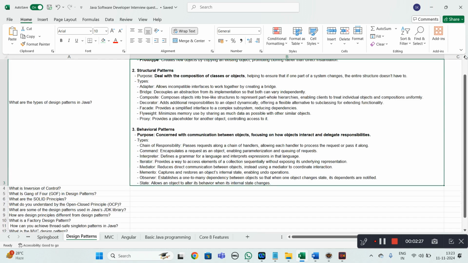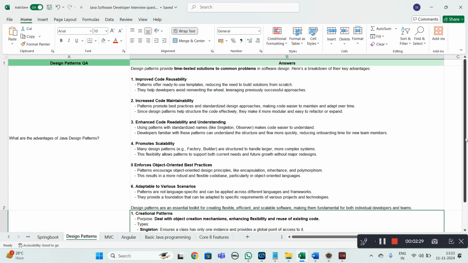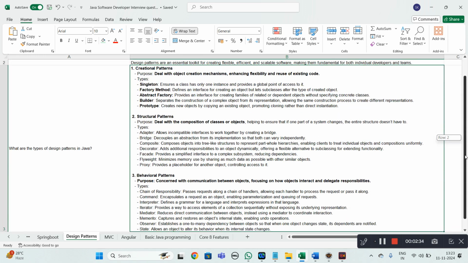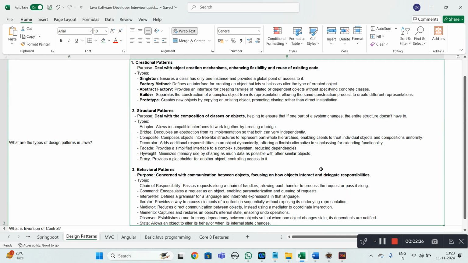Let me explain a little bit and also name a few design patterns based on the behavioral category. We have observer design pattern, we have mediator, iterator, command, and interpreter.